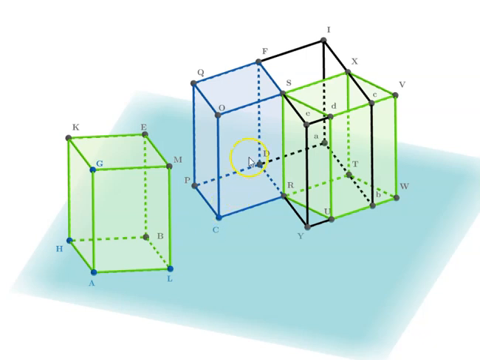So solid CF is equal to solid YX. But YX is equal to UX. UX is equal to AE. So which means CF is equal to AE. So we have shown that parallelepipedal solids which are on equal bases and of same height equal one another in the case when the legs are perpendicular to the bases.